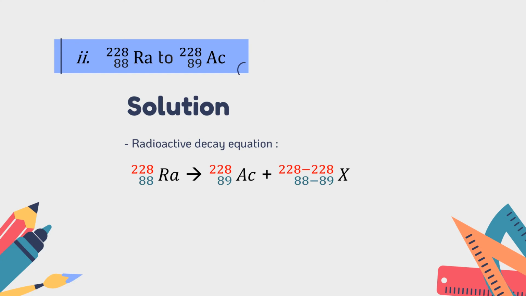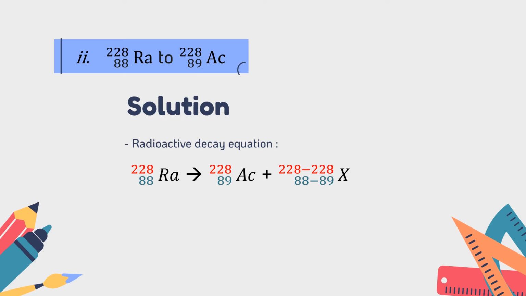Did you know? Yes, very good. We will use the exact same method as number 1 Roman, which is we will use a simultaneous equation to search for the number of nucleons and the number of protons for X. As usual, 228 at the left side is equal to 228 plus A at the right side.